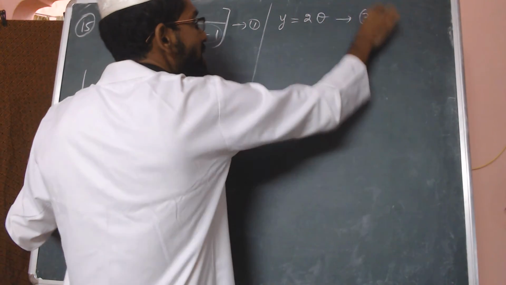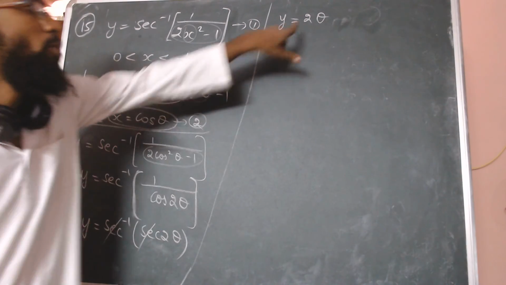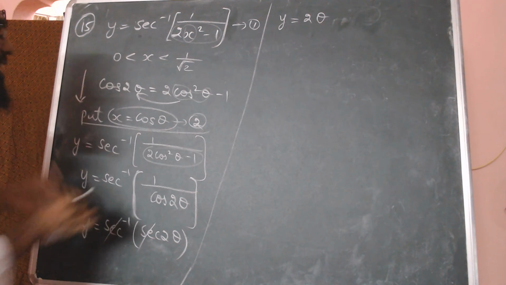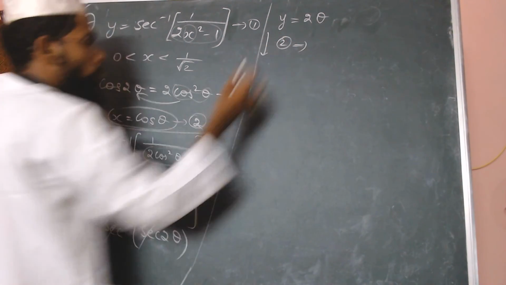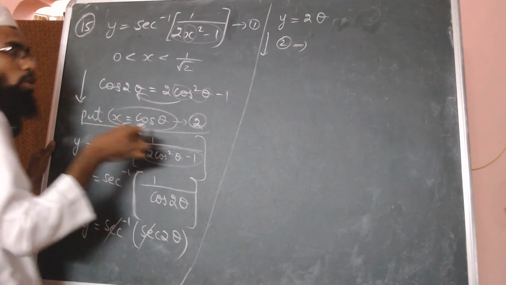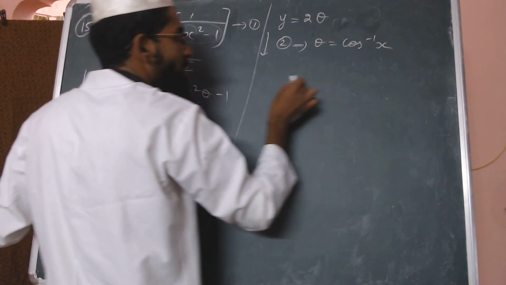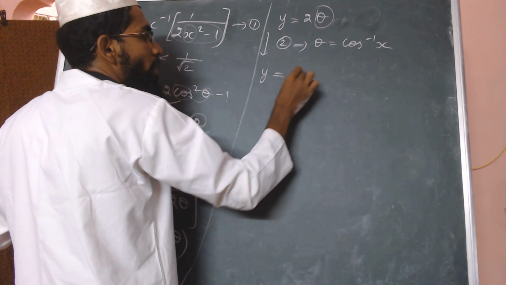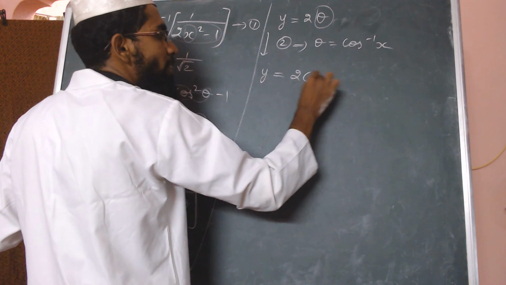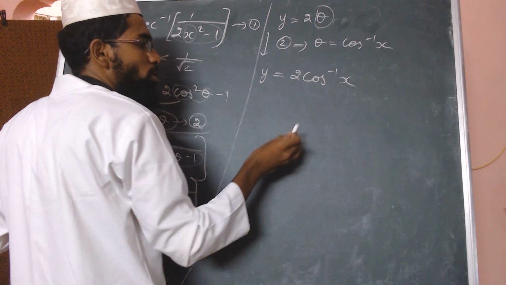Now I cannot differentiate this, because I have theta on the right hand side. Since x equal to cos theta, if I use that equation 2 here, theta equal to cos inverse of x. So if I substitute that in the place of theta, I'll be getting y equal to 2 into cos inverse of x.